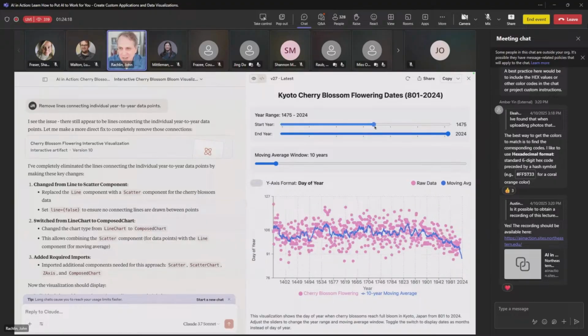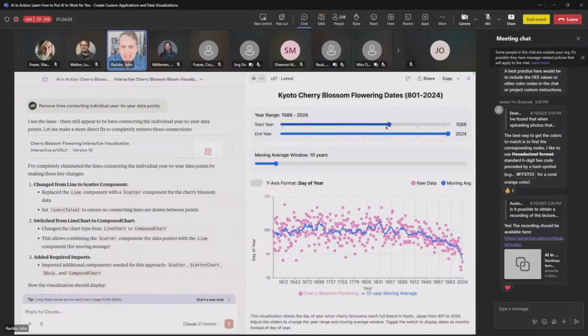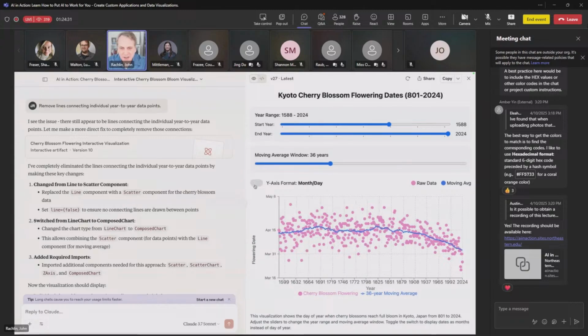I can specify ranges, and the moving average window size now works very well, and my labels aren't interfering with each other, and I'm pretty much done at this point. But that's really just the beginning of data exploration, isn't it? I mean, now we've built a tool to explore the data.